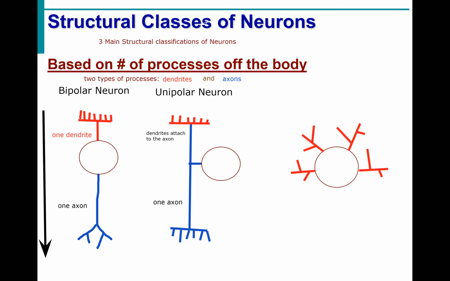I've drawn 4, but really the key is that there are going to be 2 or more dendrites attached to the cell body, but still just one axon that, again, has the potential to branch at the end.